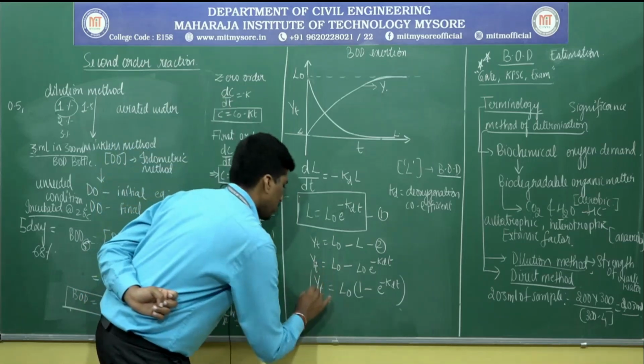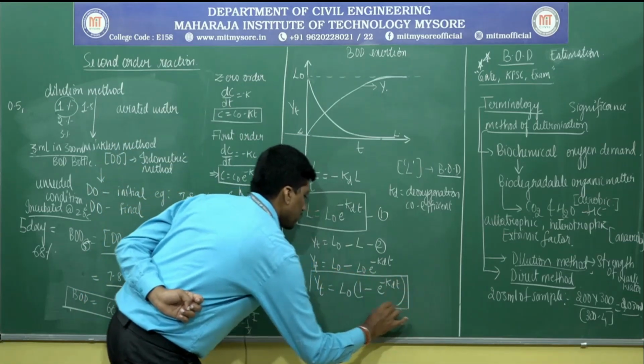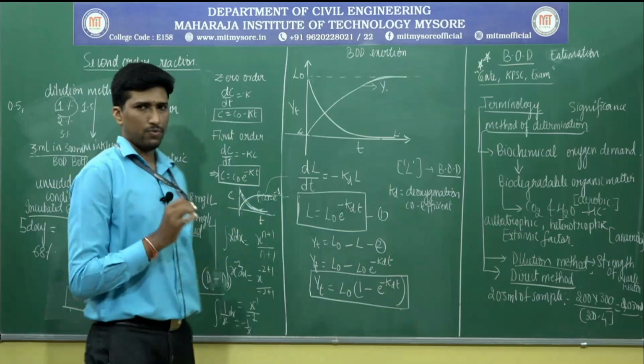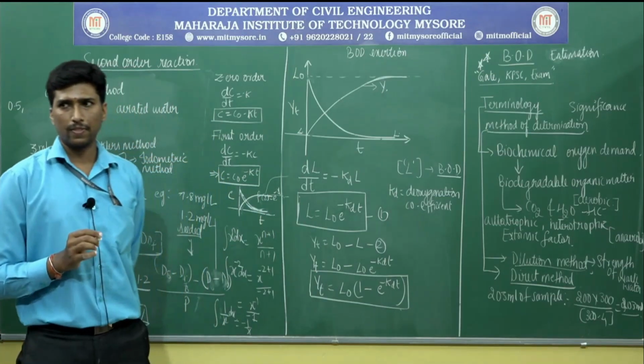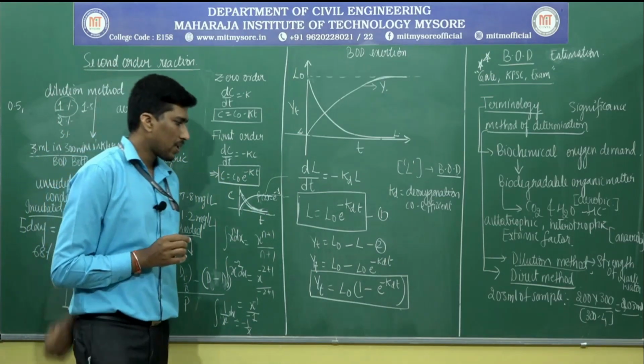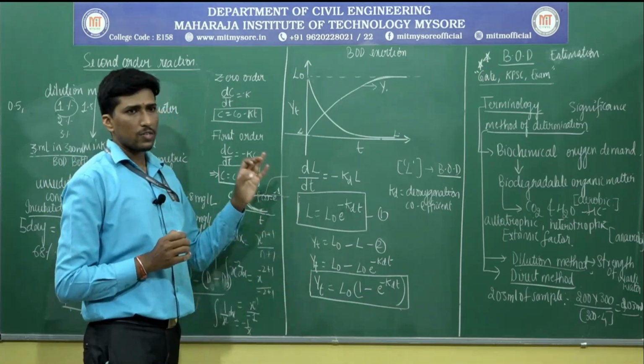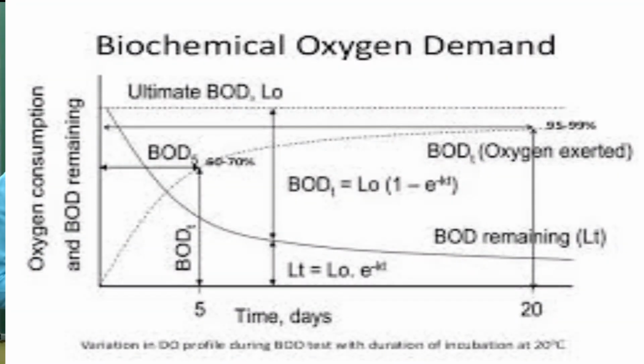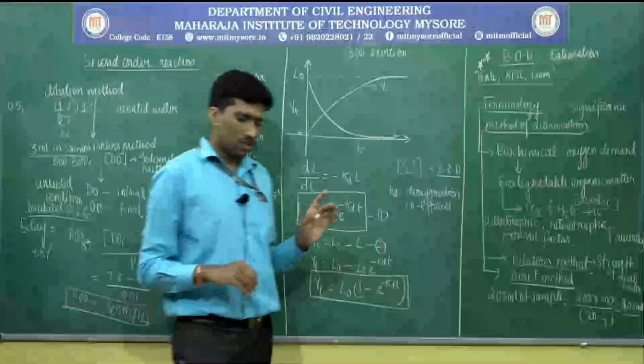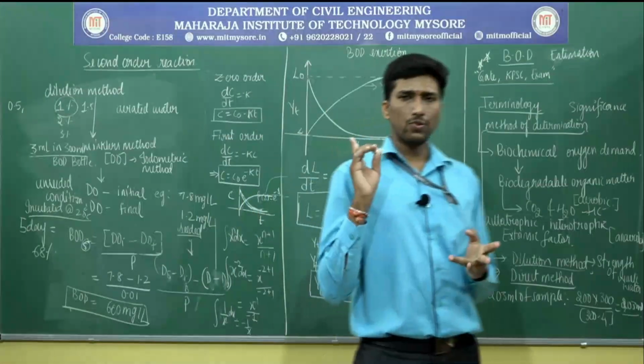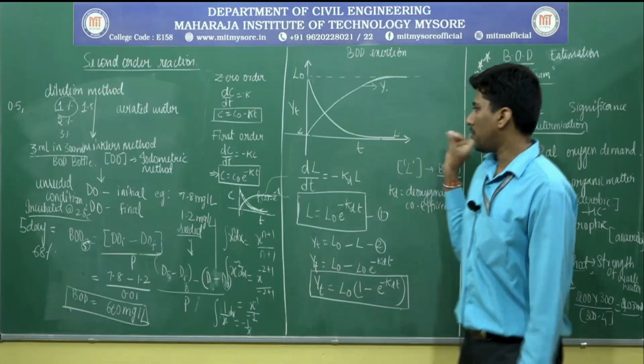This particular expression we use in the case of problems. Getting the point clear? This particular expression is used in the case of biochemical oxygen demand. Normally, this set of questions is asked in the IAS, GATE exams also, as well as in the KPSC exams.